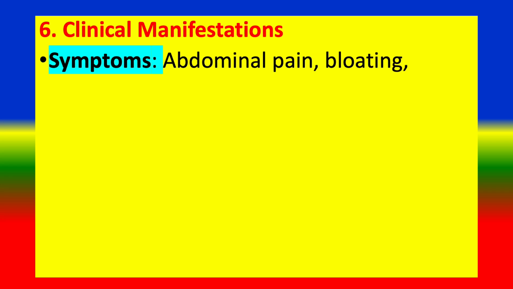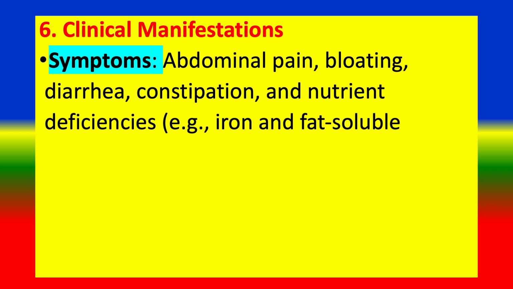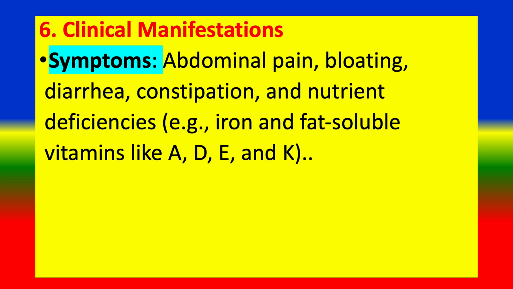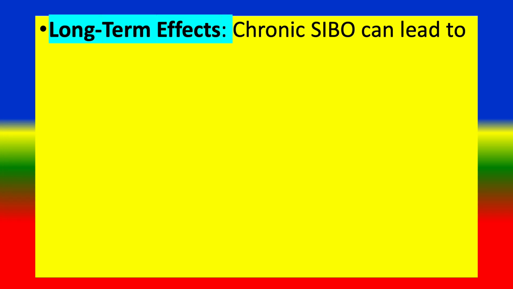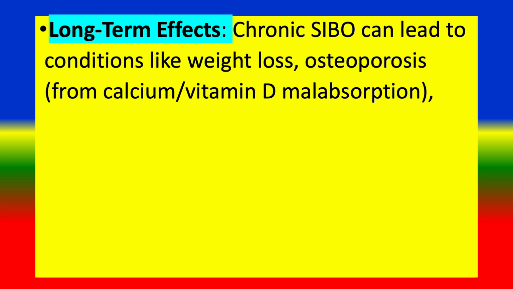Clinical manifestations, symptoms: abdominal pain, bloating, diarrhea, constipation, and nutrient deficiencies, example iron and fat soluble vitamins like A, D, E, and K. Long-term effects: chronic SIBO can lead to conditions like weight loss, osteoporosis from calcium and vitamin D malabsorption, and anemia.